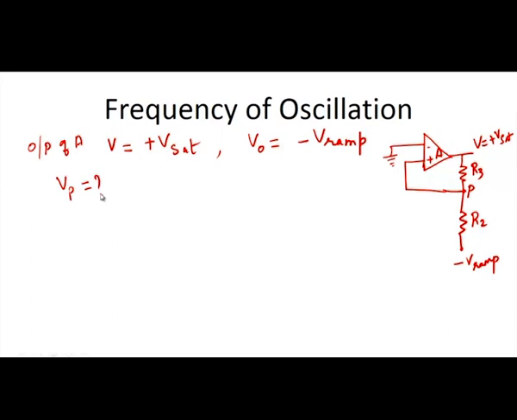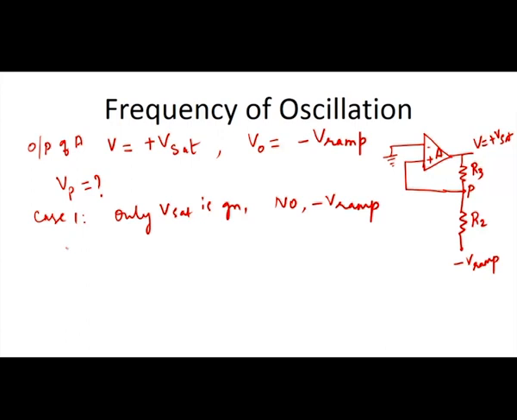So, by using the superposition theorem, consider for case 1 only V saturation is given; minus V ramp is not given in the circuit.